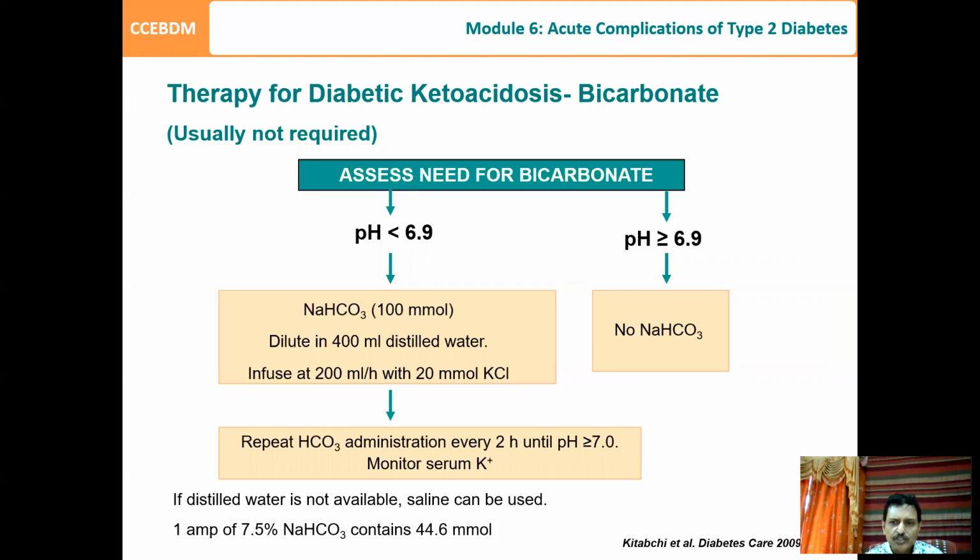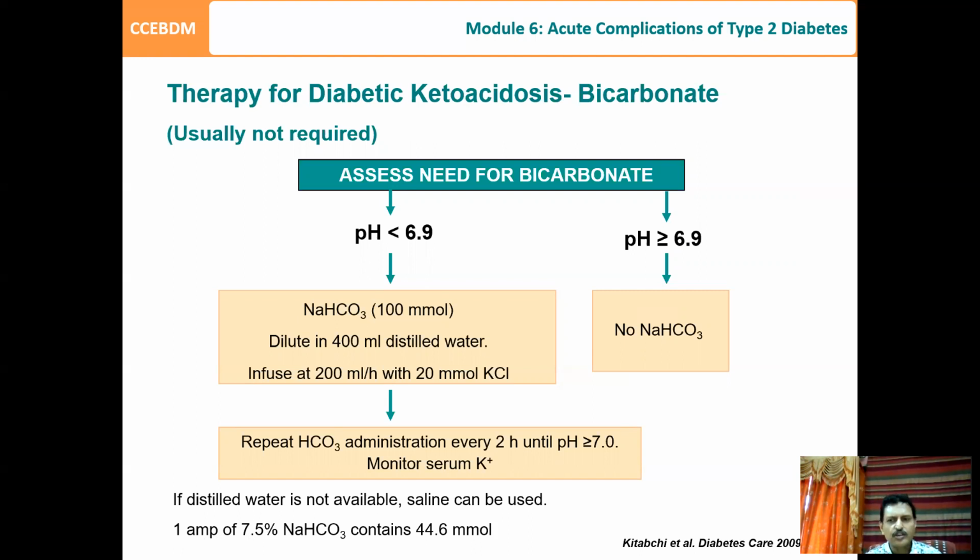So 80% of this total calculated dose should be given as the subcutaneous dose. If it is 48, 80% of 48 is roughly around 40 units.